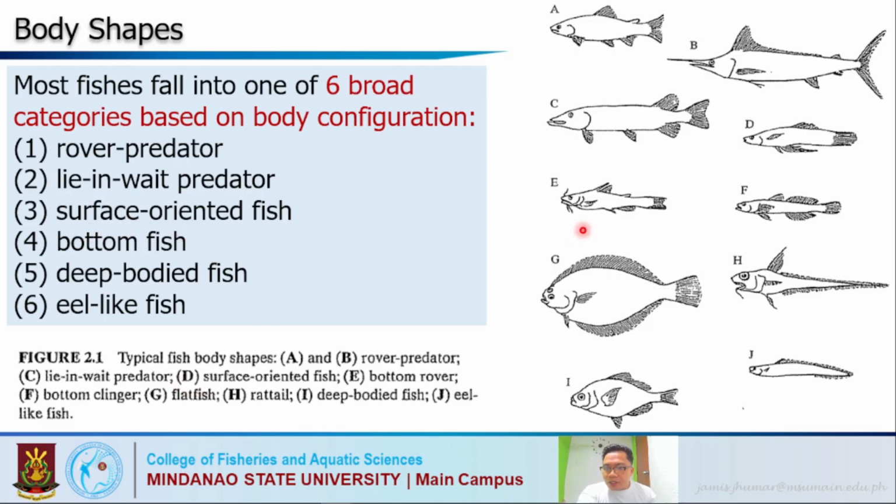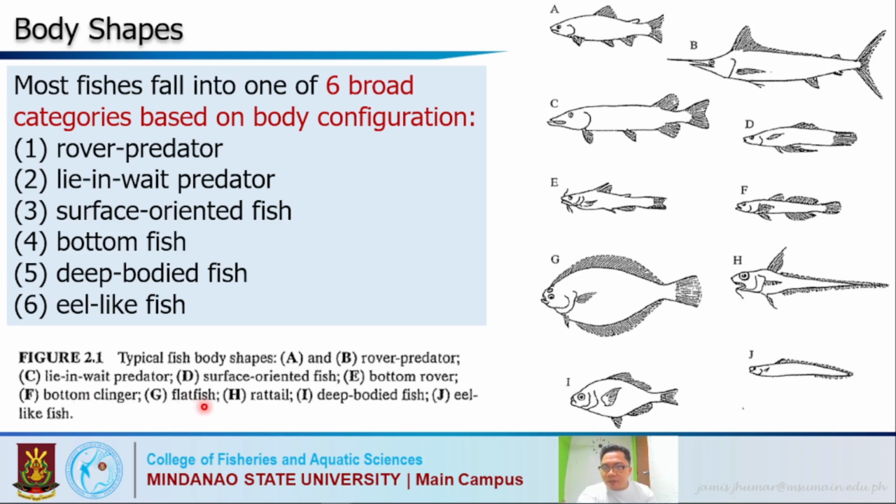The surface-oriented fish here is the D. This is a surface-oriented fish like flying fish, and then some of the Indian mackerels and sardines and many other surface-dwelling organisms. And then number four, E, is the bottom rover. Most of the catfishes are the bottom fishes. And then F is bottom clinger, those darting organisms.